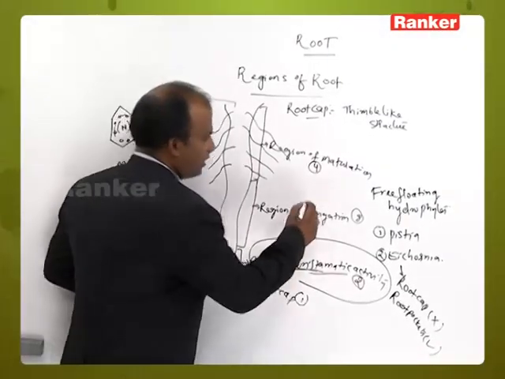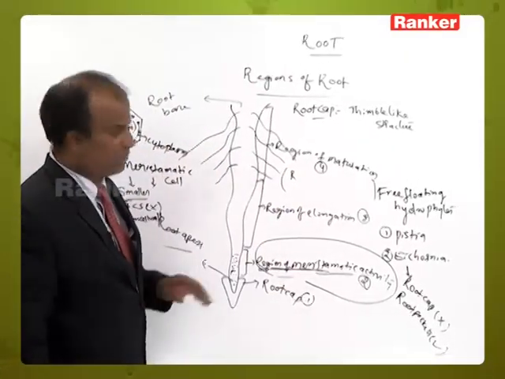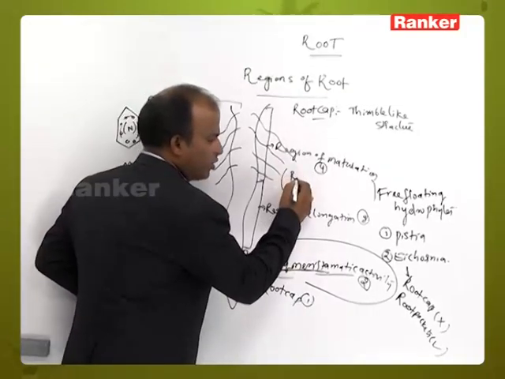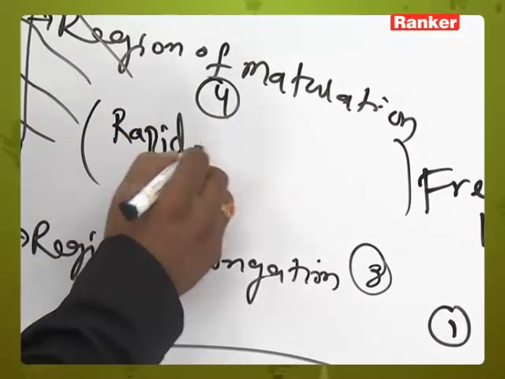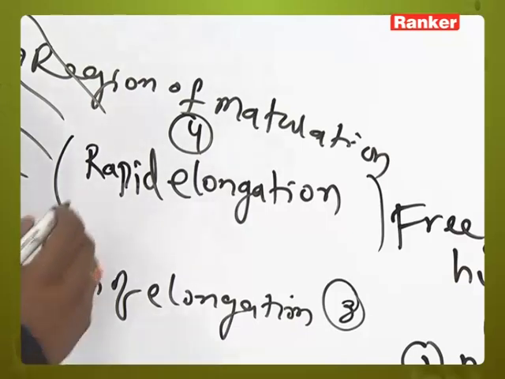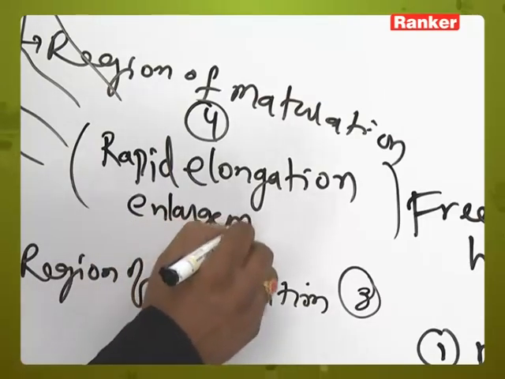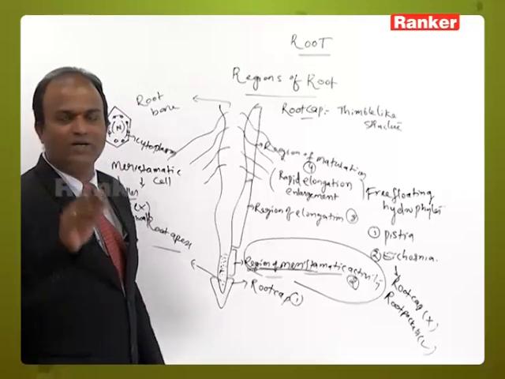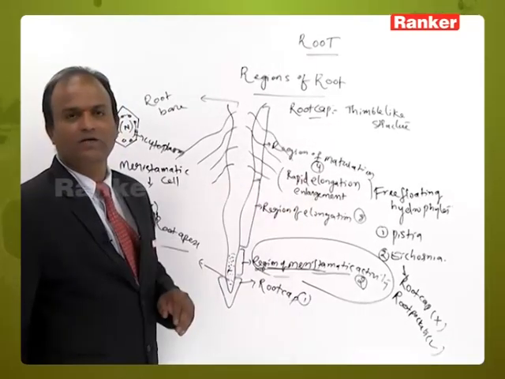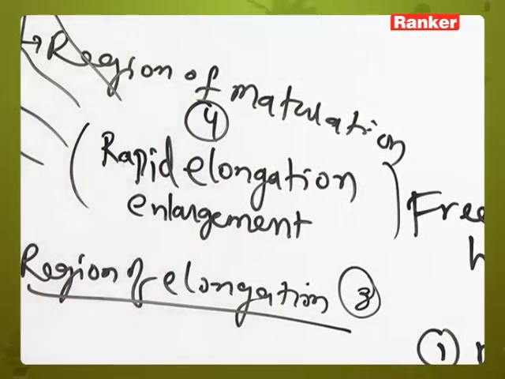The cells from the meristematic activity region are added towards the region of elongation, where they undergo rapid elongation and enlargement, due to which the root grows more in length. That is the region of elongation.